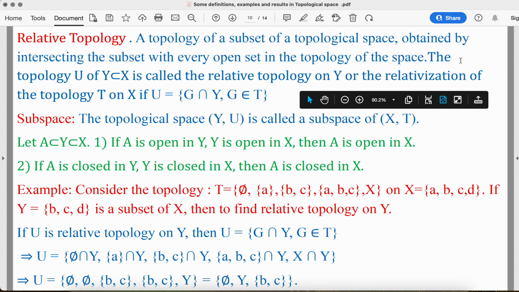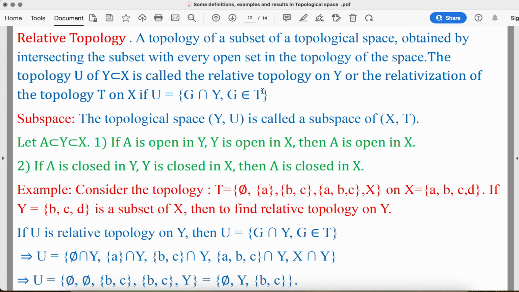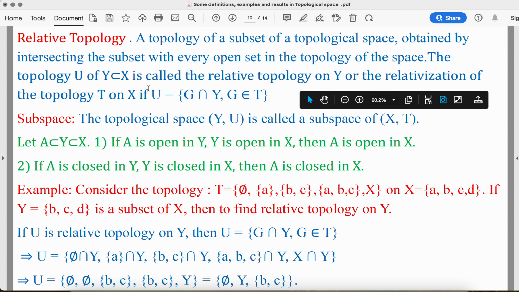So the topology U on Y, which is a subset of X, is called the relative topology on Y if U equals G intersection Y, where G belongs to T, meaning G is an open set in T. We also call it the relativization of the topology T on X. And this space Y together with this topology U is called the subspace of (X, T).